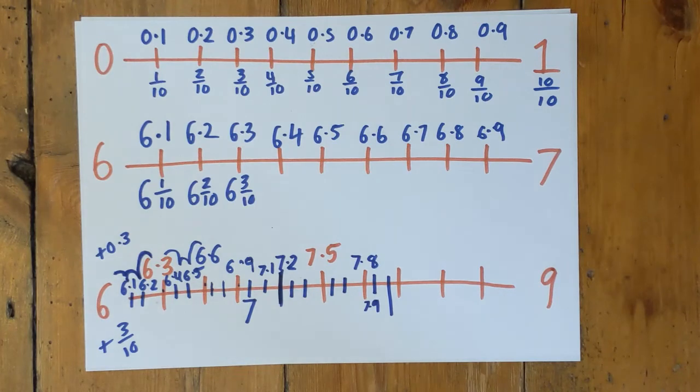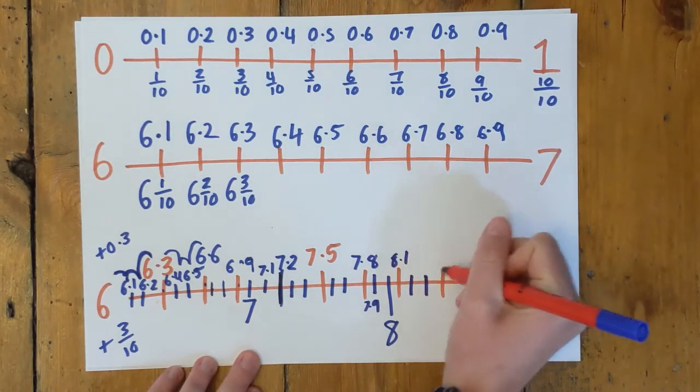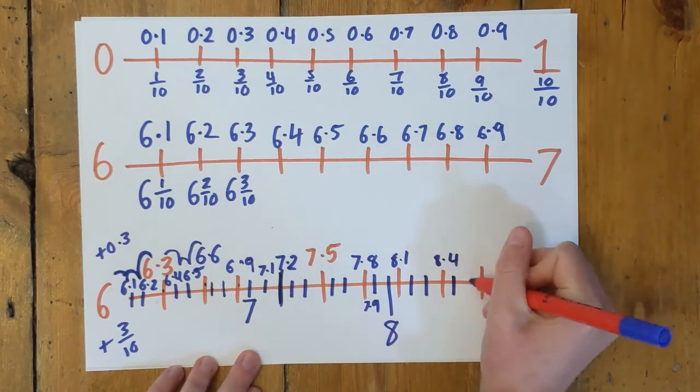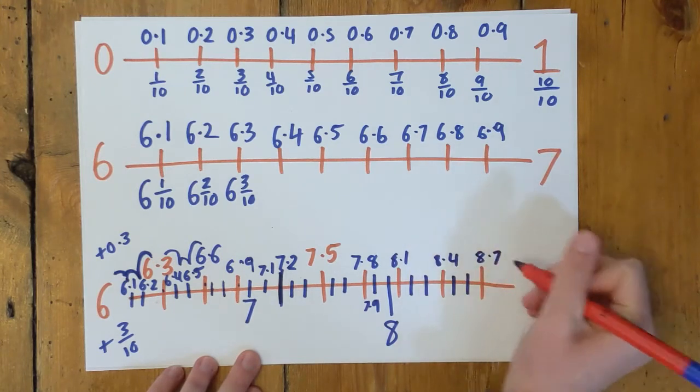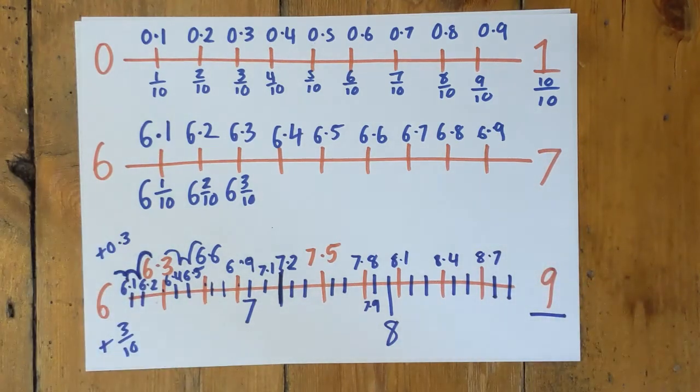And again, thinking of my tenths, I'm going to have 10 tenths in there, so that must be 8 wholes. 8.1, 8.2, 8.3, 8.4, 8.5, 8.6, 8.7, 8.8, 8.9, 9.